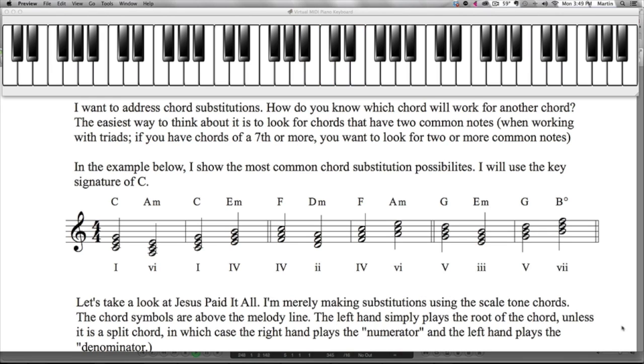Starting to see a pattern here, I hope. Now, if you look at G, which is the 5 chord, you can go down again. That doesn't have quite the same sound because I played the F sharp, because we're in the key of C, there is no F sharp, and I used just the diatonic.